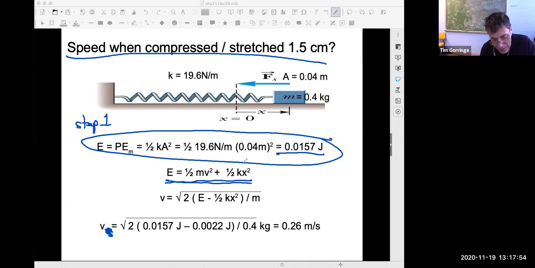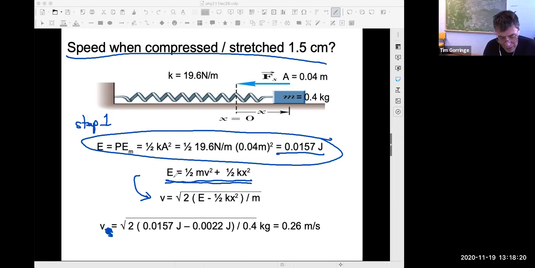Well, I can take this equation now and rearrange it for the velocity that I want to figure out when the spring is stretched or compressed 1.5 centimeters. I just rearrange that equation for v. So I take the 1/2 kx squared onto the same side as the energy is on. And then I multiply by 2 and I divide by m and I take the square root.